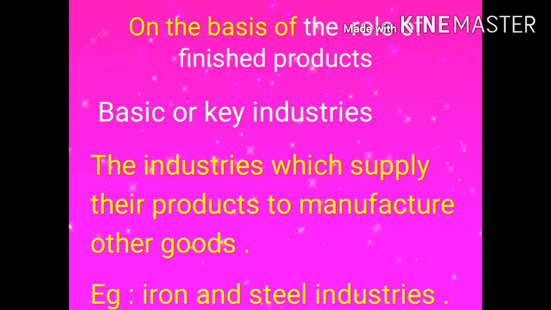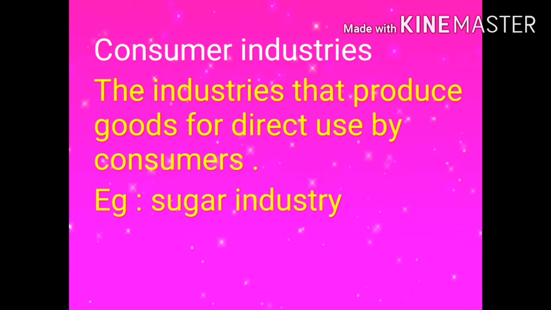On the basis of role of finished products, industries are classified into basic or key industries and consumer industries. Basic industries supply their products to manufacture other goods, for example, iron and steel industries. Consumer industries produce goods for direct use by consumers, for example, the sugar industry.